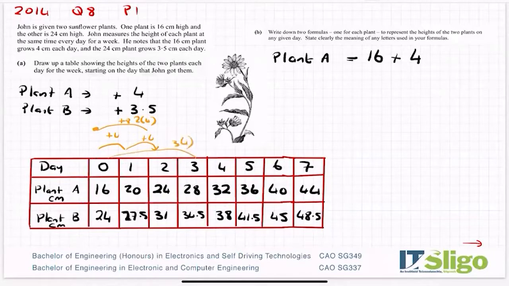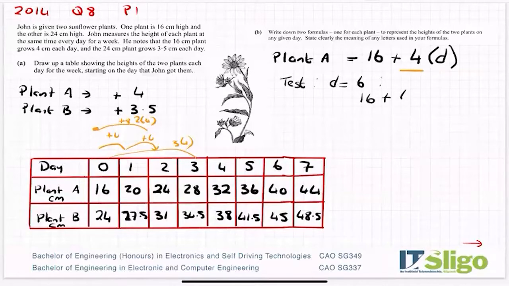So this 4 bit is common, and that's the plus 4 that's going on here. But what I need to do is multiply it by d, which is however many days growth that you want to add on.